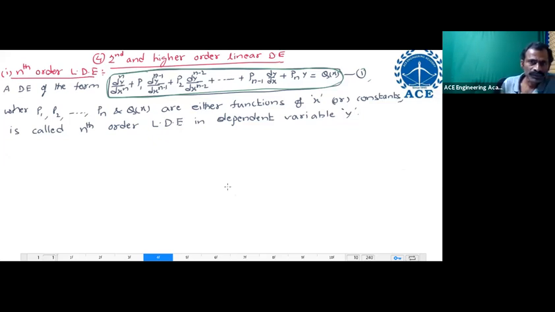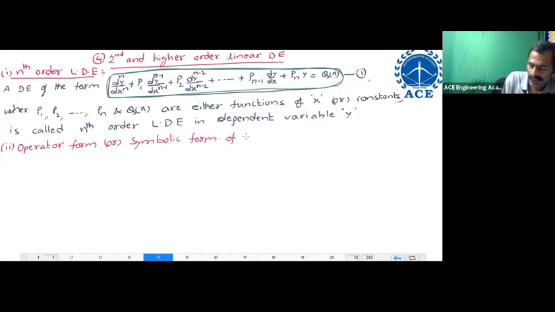So the next definition is operator form or symbolic form of a differential equation.